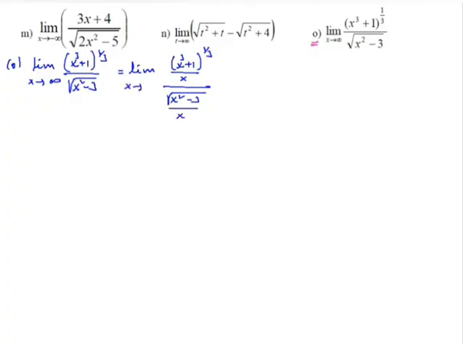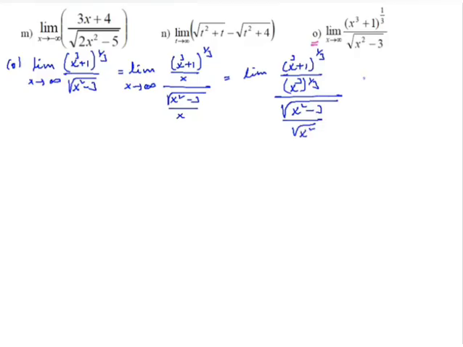The x in the numerator can be written as x cubed to the power of 1 over 3, and in the denominator x squared minus 3 over x means radical x squared.